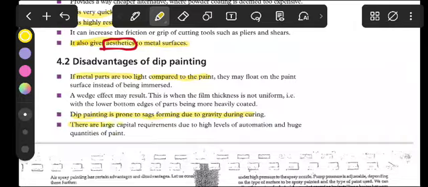Large capacity is required due to the high level of automation and huge quantities of paint. You can add this one also if you want.